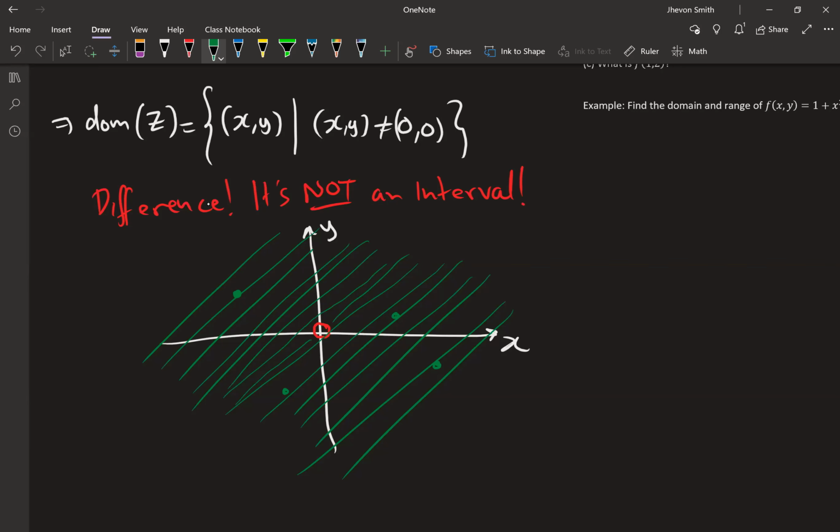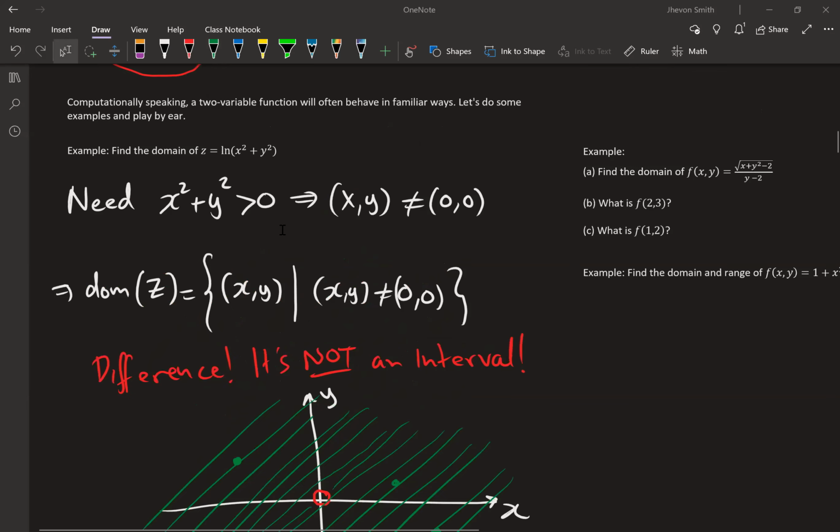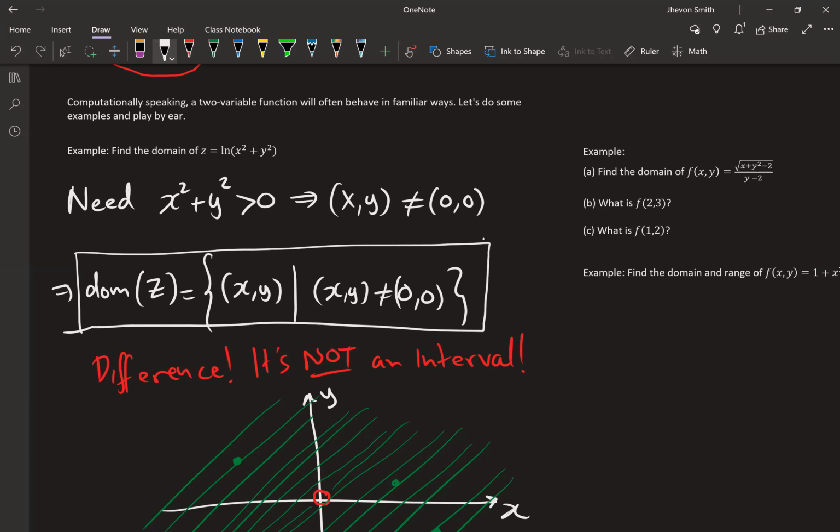So there's a two-dimensional space here that I can think of as the domain of this function. It's going to work for all coordinates (x, y) except the origin itself. That's the difference with domain that we'll notice: it's not going to be an interval usually. Usually you'll want to describe it as a set where you talk about how the coordinates have to behave for them to work.